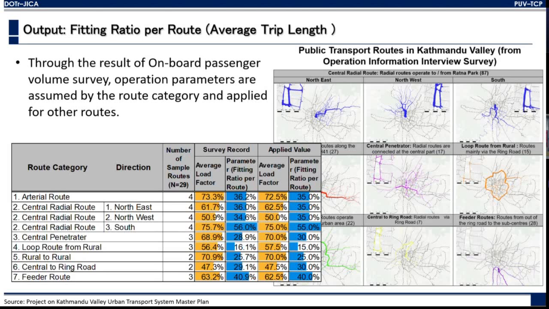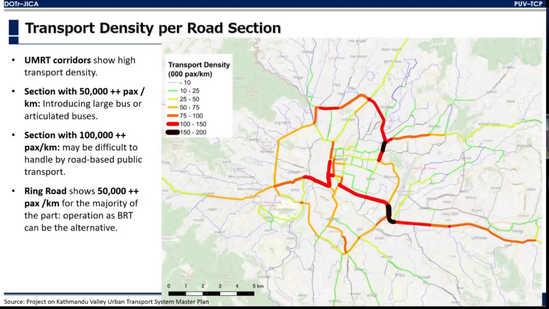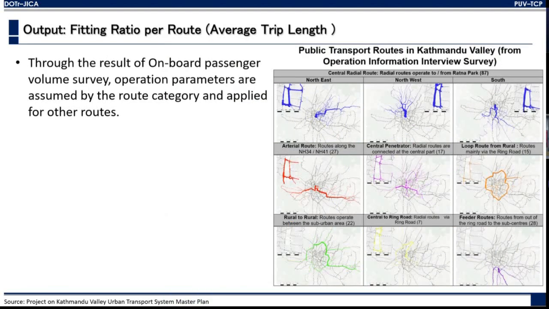Utilizing the fitting ratio as the parameter of passenger demand, the transport density, multiplying the fitting ratio and the number of trips, is applied. So the total transport density per road section can also be estimated. This is totally similar to the previous figure.